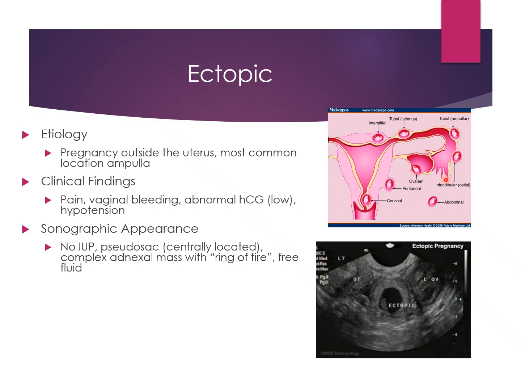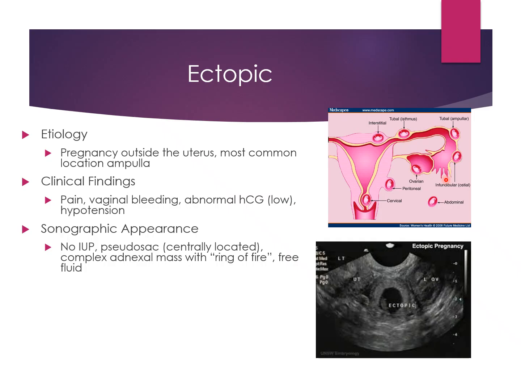Sonographically, we're typically not going to see an intrauterine pregnancy. So we have a special case, and I'm going to talk about that in a minute, but typically we would see nothing in the uterus, maybe a pseudosac, which is just a gestational sac with no yolk sac, no fetus, okay?